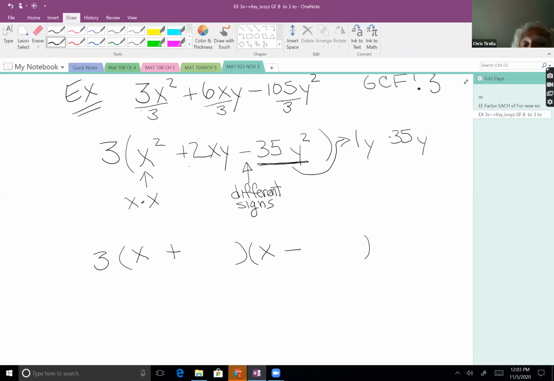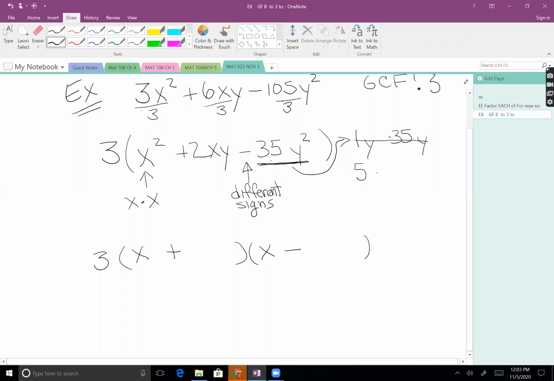No. 1 and 35 with different signs, I'd be getting either positive or negative 34. What else multiplies to 35? 7 times 5. Yep, 5y and 7y. And now with different signs, if one is positive and one is negative, will I ever get that positive 2 in the middle?